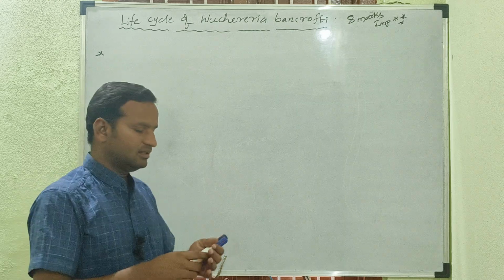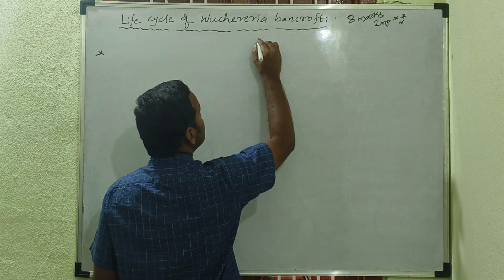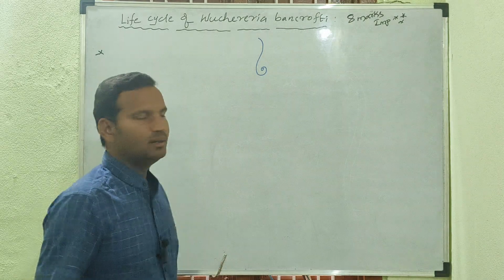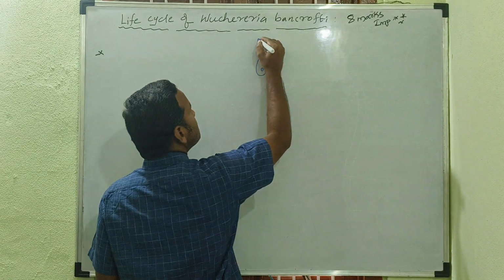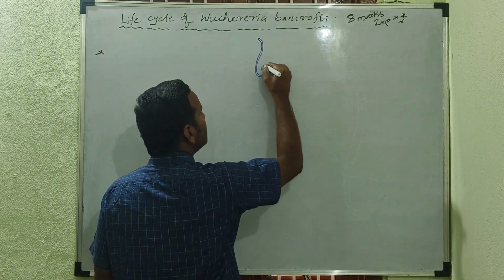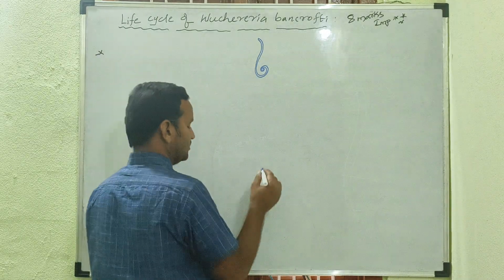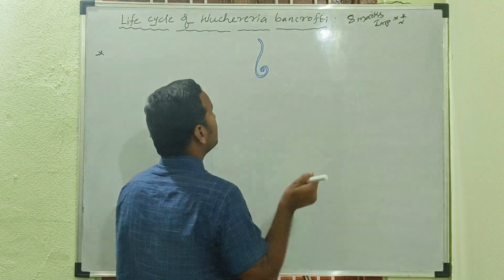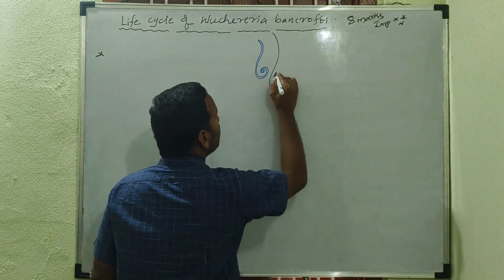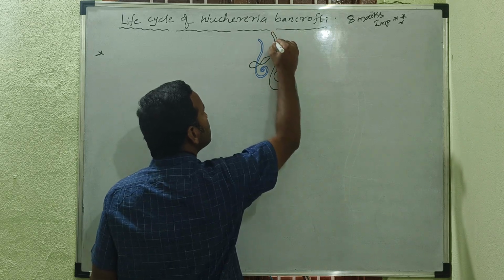Now, for example, this is the male organism. Always the males are shorter than females. Females are always more elongated than the male organism.